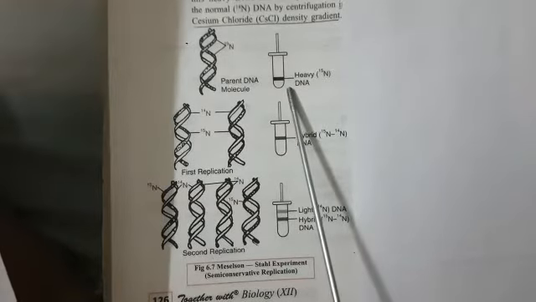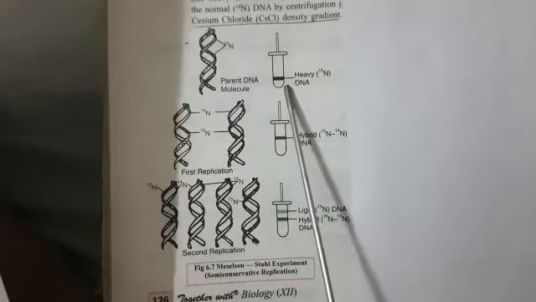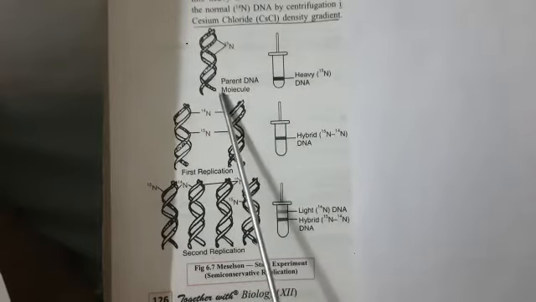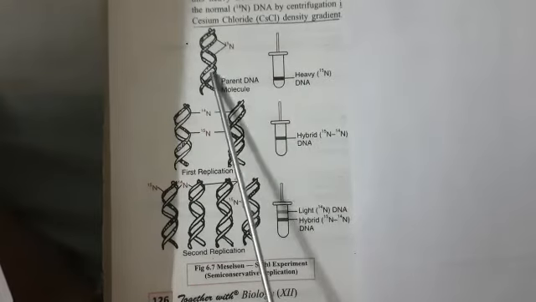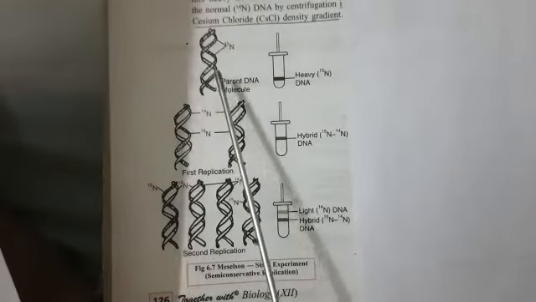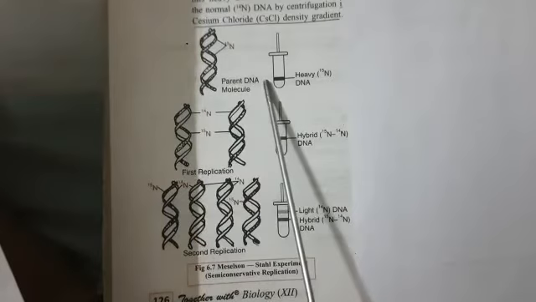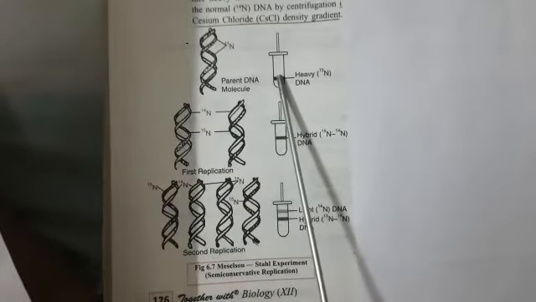As a result, 15N got incorporated into newly synthesized DNA. As you have learned that it is semi-conservative, one will be parental and one will be new, so this was incorporated into the newly synthesized DNA.